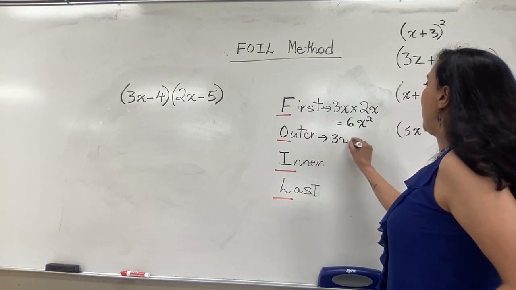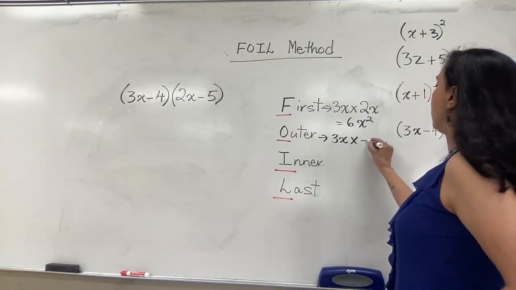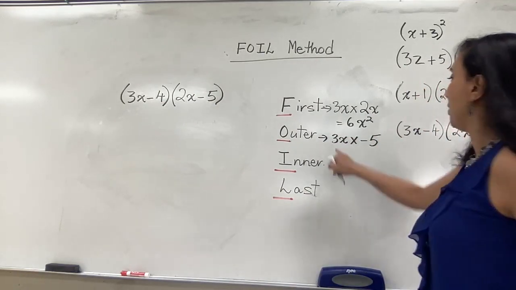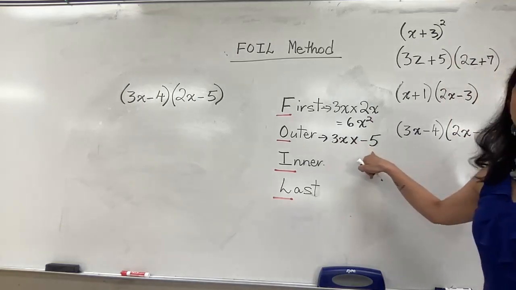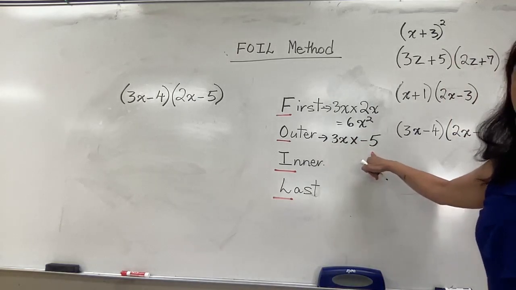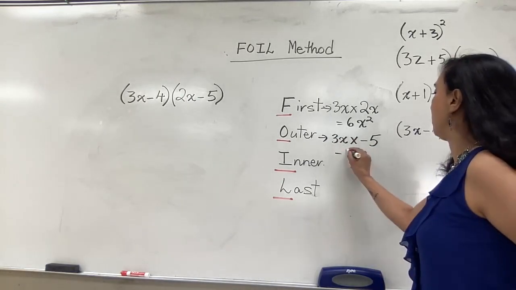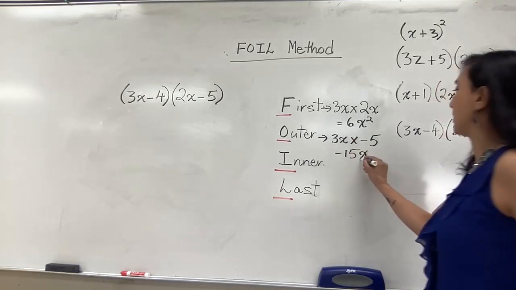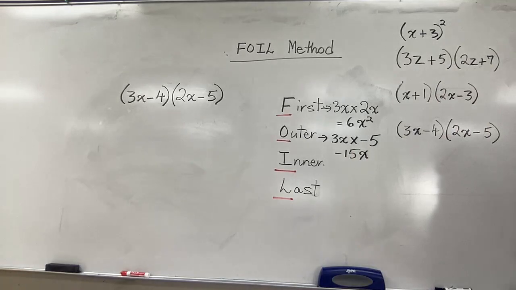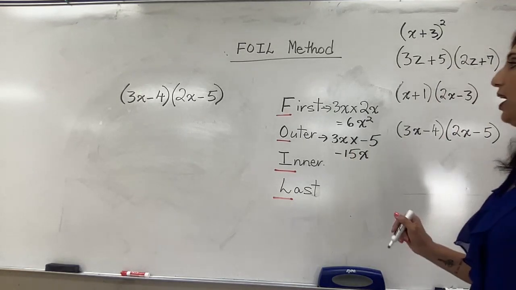So 3x times negative 5, positive times negative is going to give me a negative product. So it gives me 3 times 5 is going to be negative 15x.